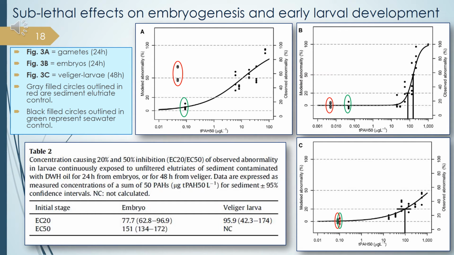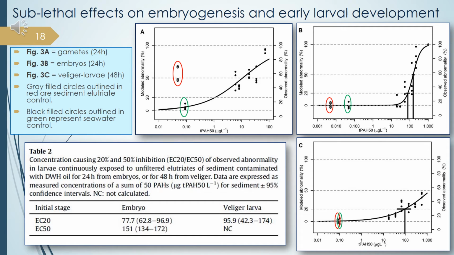And just like in the last, the gray filled circles outlined in red are sediment elutriate controls. And then the black filled circles outlined in green represent seawater control. The dose response curves were fitted using seawater control. The horizontal lines on the curves represent the 95% confidence interval of EC20, or the effective concentration 20, and effective concentration 50.